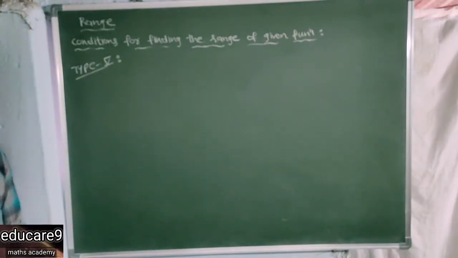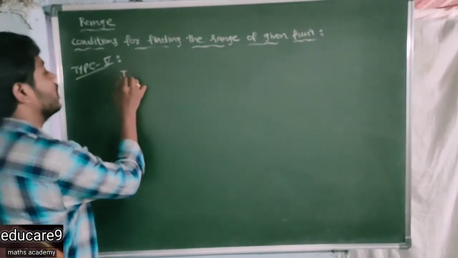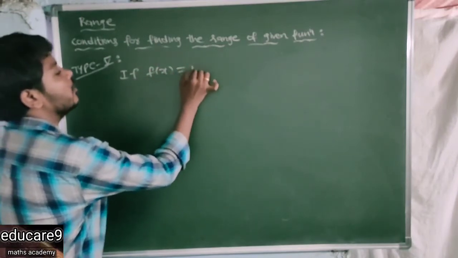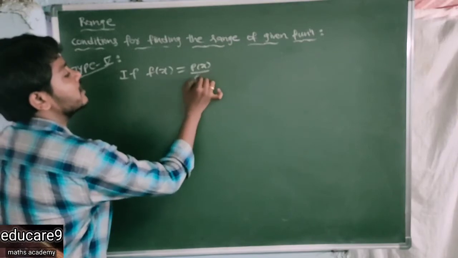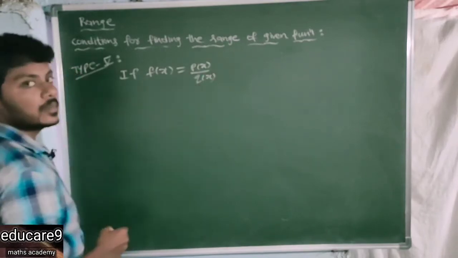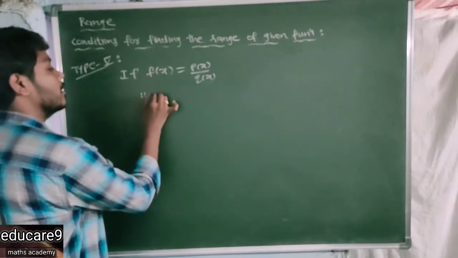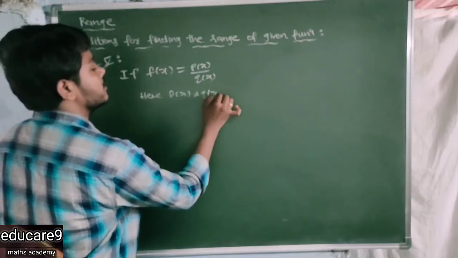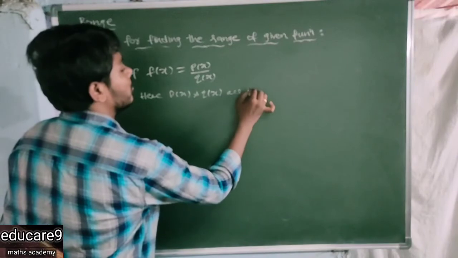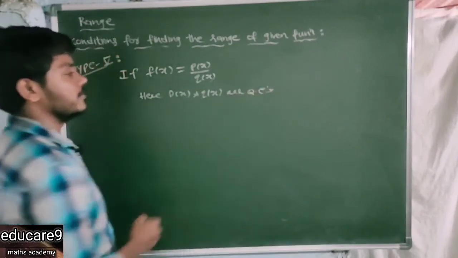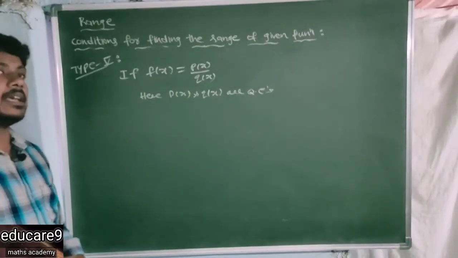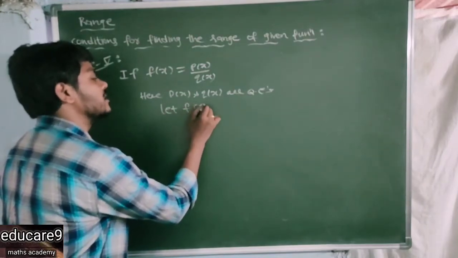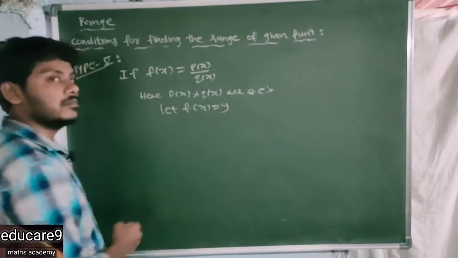Now, if f of x is equal to p of x by q of x, where p of x and q of x are quadratic equations, in that case let the given function f of x be equal to y.